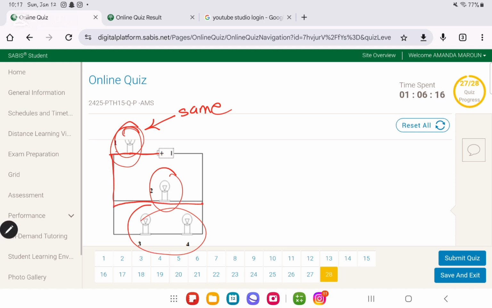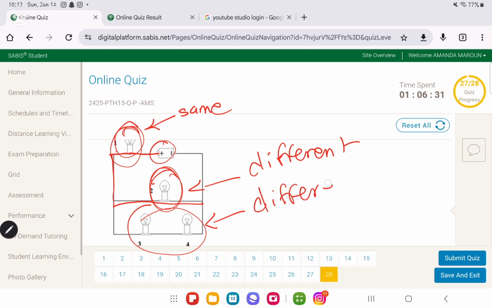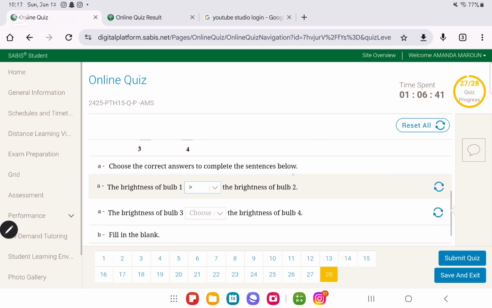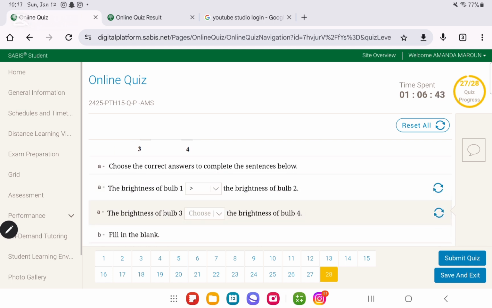Whereas bulb 2 is in parallel with the battery, so it's going to be different. And then bulb 3 and 4, since they are also parallel with the battery, it's going to be different. So that's why, since bulb 1 is in series with the battery, it is going to have a greater current, which means a greater brightness than bulb 2.